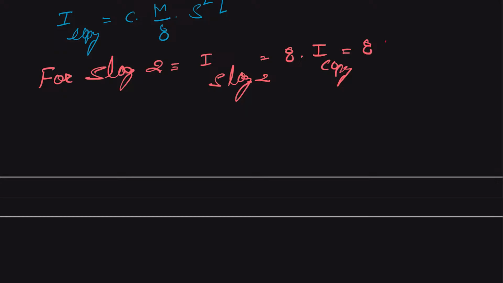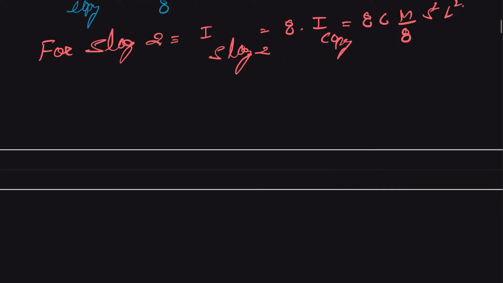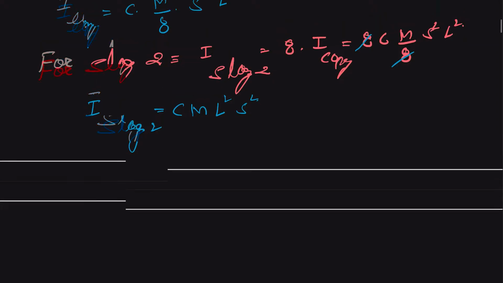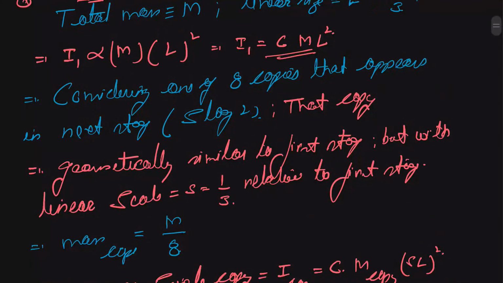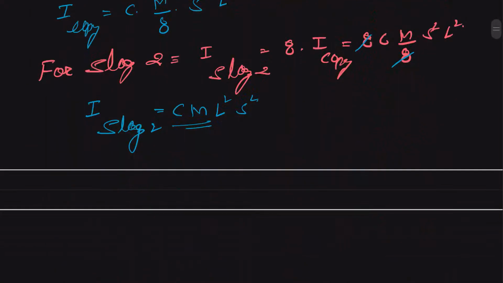So we get 8C M by 8, and we have S square and L square, and this 8 and 8 cancel out, so we get I stage 2 equal to C M L square times S square. But we know that this C M L square is nothing but our I1. So the moment of inertia of the second stage will be equal to S square times I1.